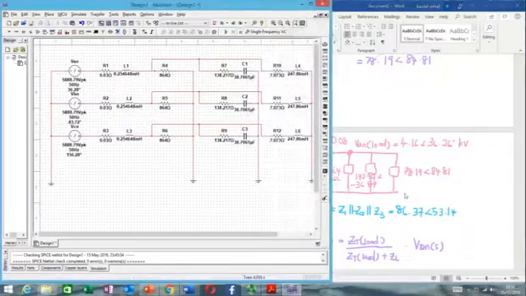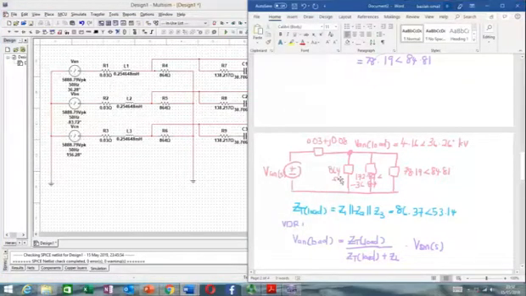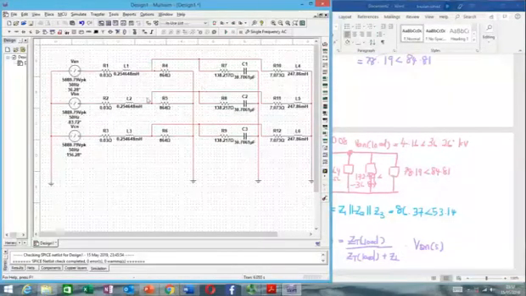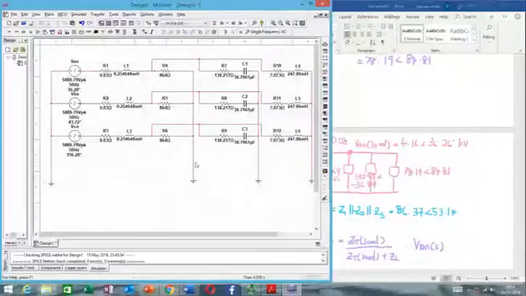Alright, then the first load we have only resistor. It's a purely resistive load. So we have a resistor 864, and then the connection between the load between phases, you have to put neutral line here.